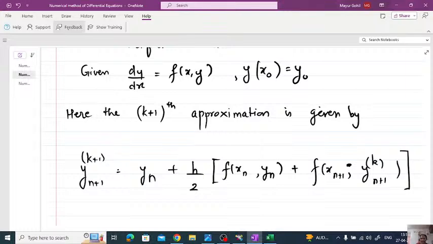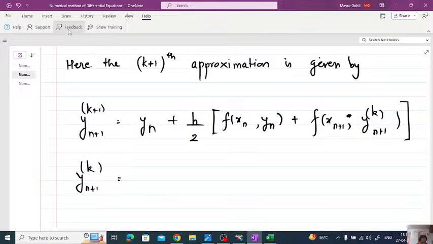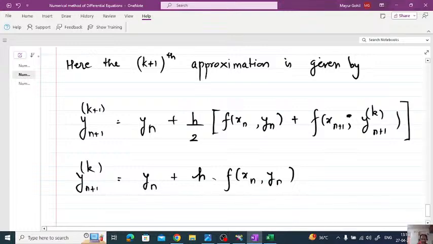And what is the other formula for y(n+1) at the 0th approximation? It is yn plus h times f of xn, yn.